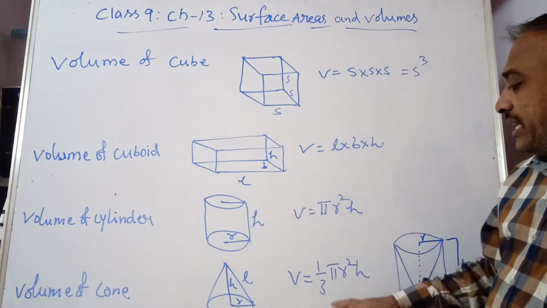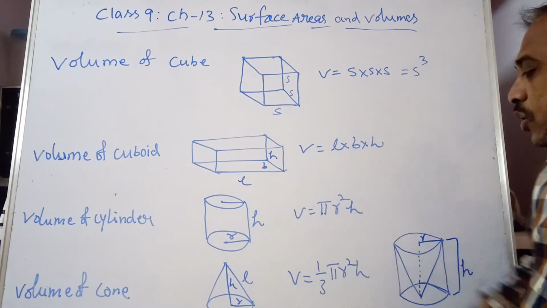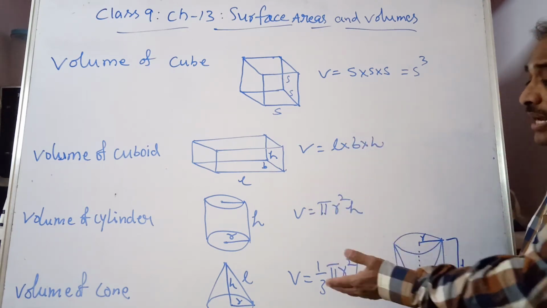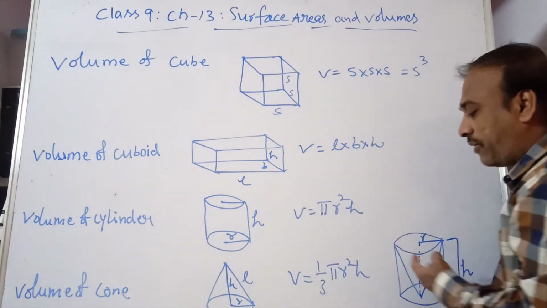That is the reason there is a relation between the volume of the cylinder and the cone. So 3 times means the volume of the cone is 1/3 of the volume of the cylinder.